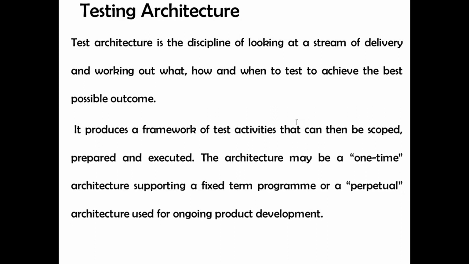So it produces a framework of test activities that can then be scoped, prepared and executed. The architecture may be a one-time architecture which supports a fixed term program, or it may be a perpetual architecture which is used for ongoing product development.